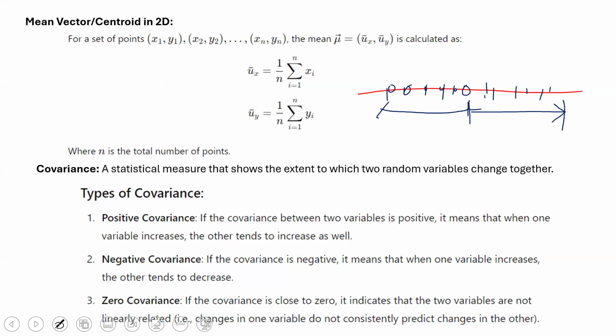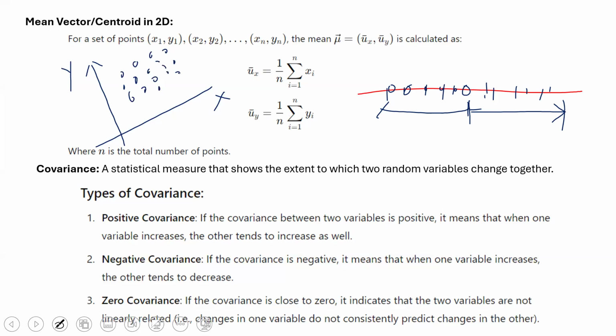But when it comes to two-dimensional space, we have two dimensions, right? One is the x-axis and the other one is the y-axis. Now when I represent the points on this coordinate system x and y, they look something like this. Let's suppose these are the points I have.